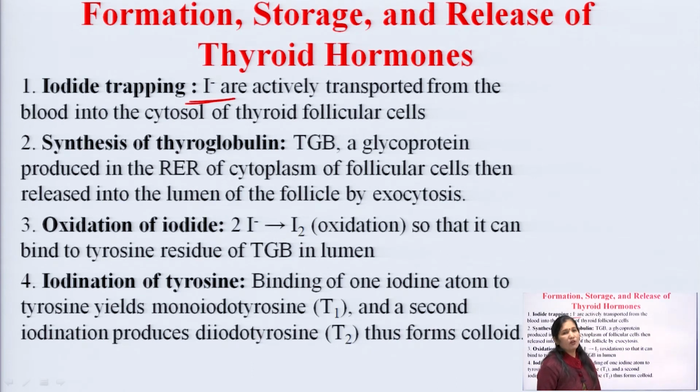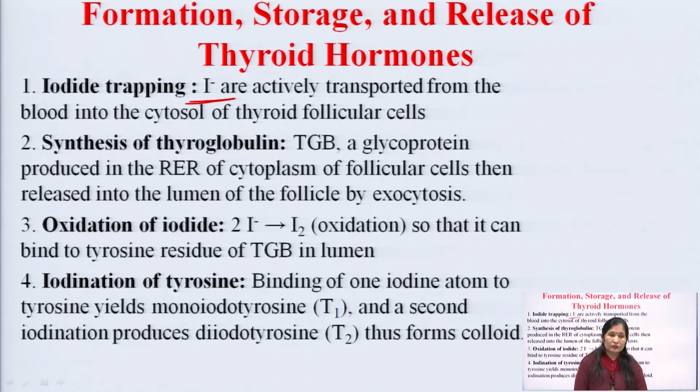So, iodine in the form of iodide will enter the cytoplasm of the follicular cells through active transport from the blood. This is the first step, iodide trapping, that is, uptake of iodide from the blood into the cytosol of thyroid follicular cells.